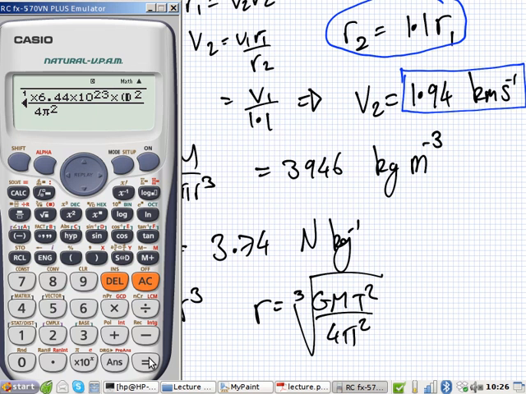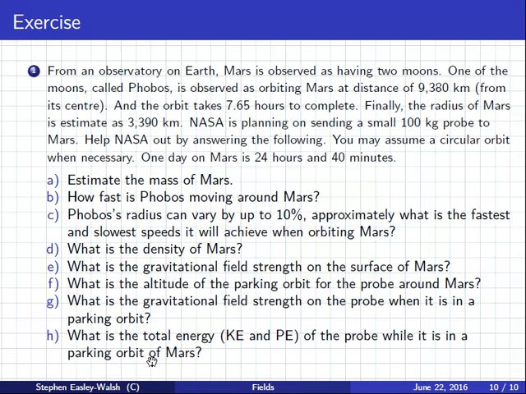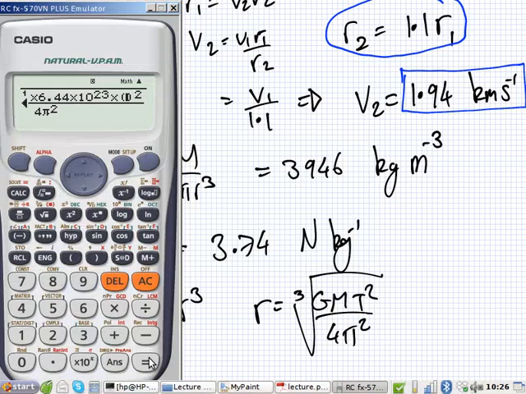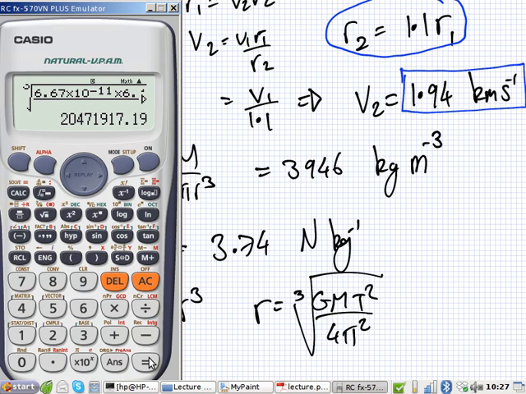When we first did it, we were using 7.65 hours, but this time we're using a parking orbit, which means 1 day. And on Mars, 1 day is 24 hours and 40 minutes. 40 minutes is 2/3 of an hour, so 24.6666 times 3,600. Okay, that's better. That's how many meters, that's how many kilometers, but this is the distance from the center to the center, and we want the height.